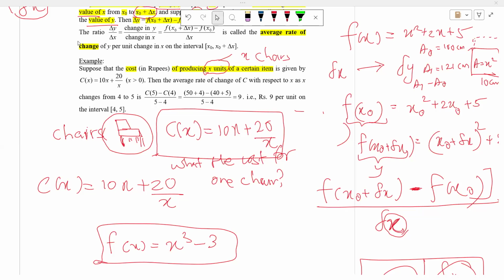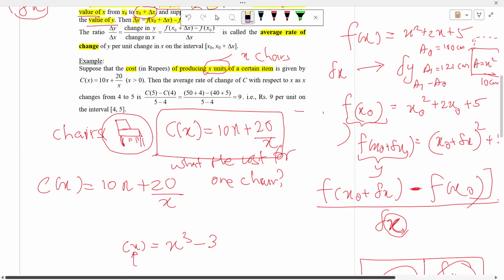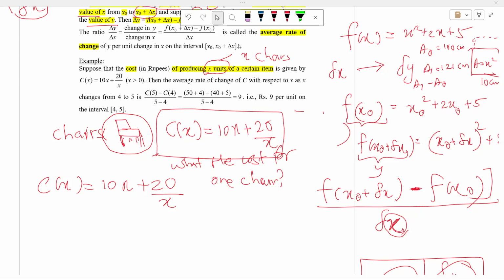It means depending on the number of laptops manufactured, the cost will change, right? So this is what a function means. Here they are giving a function C of x, 10x plus 20 over x. If you manufacture one chair, the cost will be, you need to replace x by 1, right? So functions mean the relations between the variables, right?